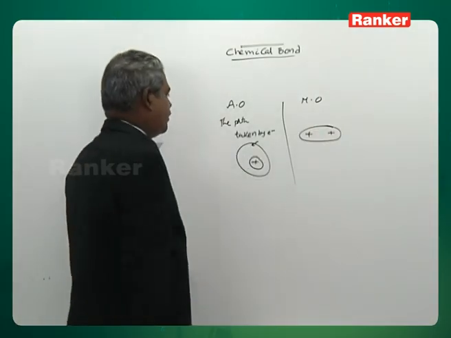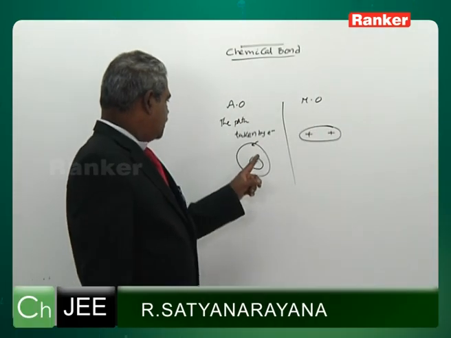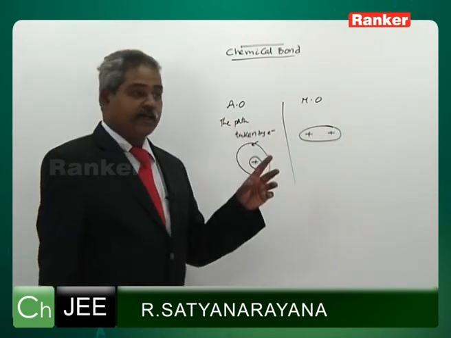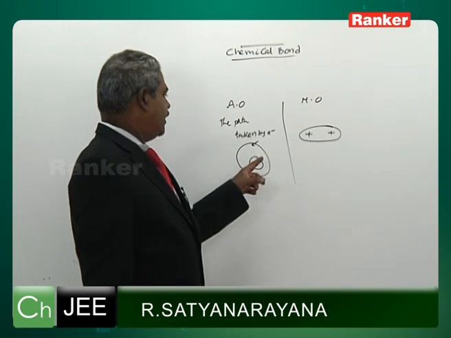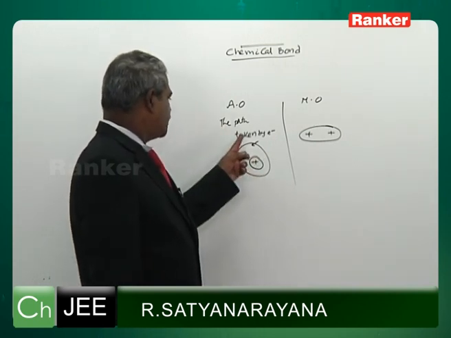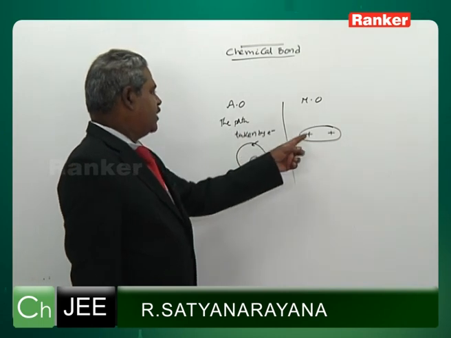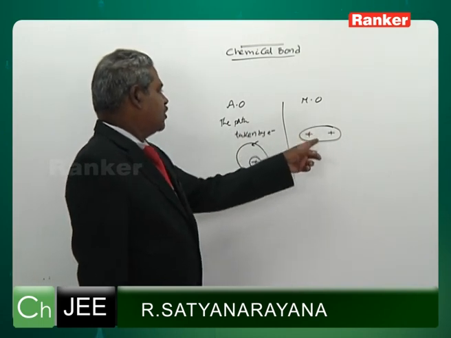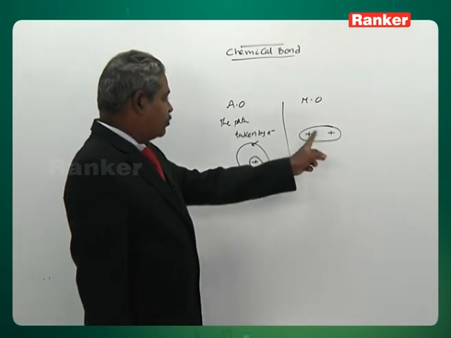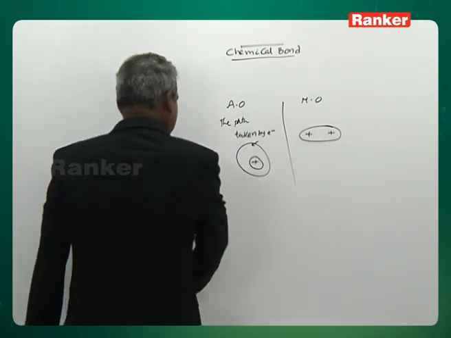This is a molecular orbital. Atomic orbital means where exactly the electron is present when one nucleus is acting on it; when two nuclei act on it, it is called a molecular orbital. So the electron is now attracted by two nuclei.